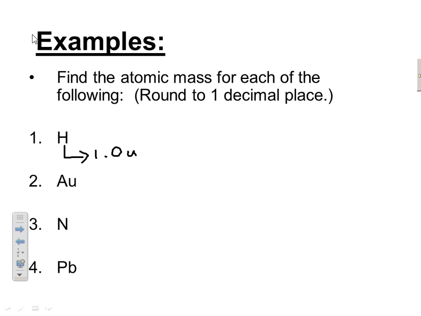It means that someone has gone to great lengths to measure this mass so accurately that on my table they've got 1, 2, 3, 4, 5 decimals. And so we know to the first decimal that this is exactly 1.0. So the 0 is important.